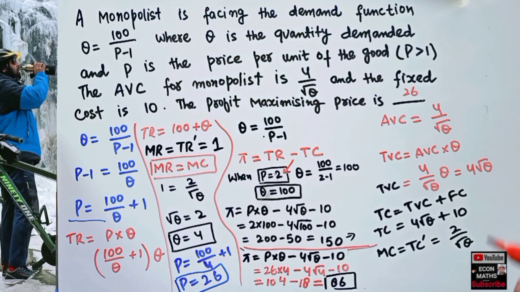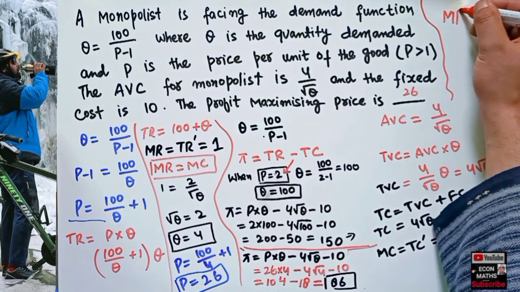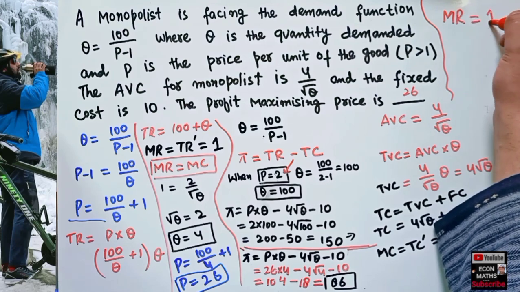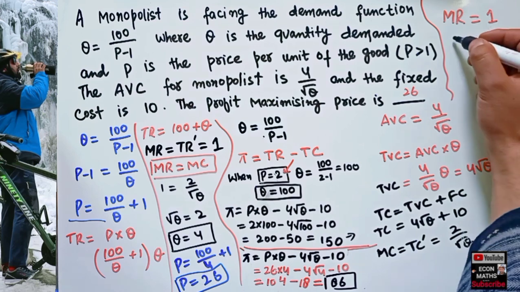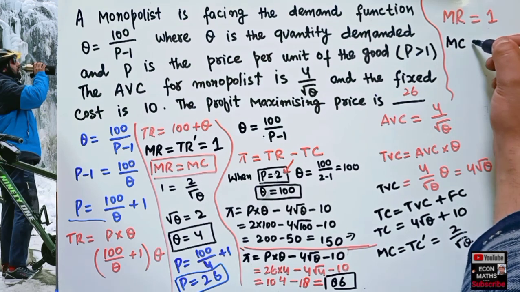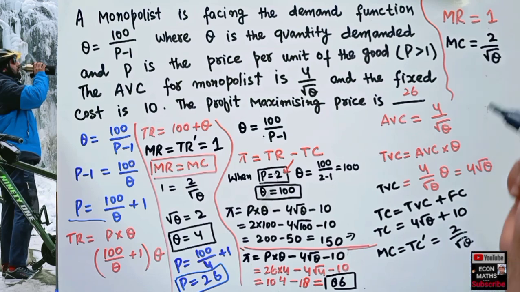Here we have one thing, our marginal revenue is equal to 1, which is constant, which we got here. And what is our marginal cost? Marginal cost is equal to 2 under root q.